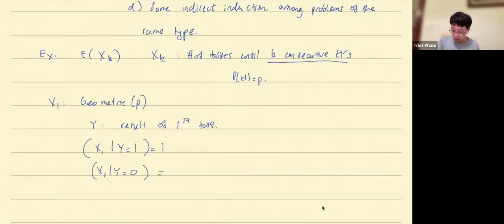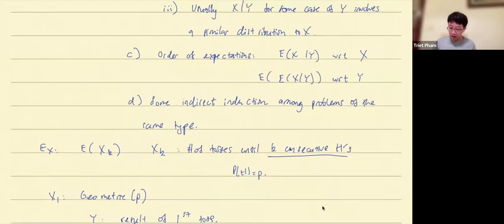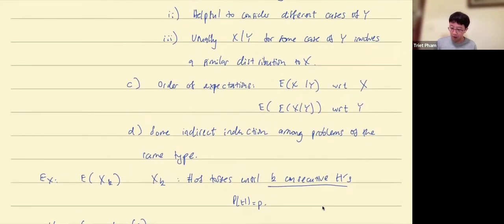then I know that I will waste one toss, and then I will repeat the experiment again, independently of the first trial. Okay, so that exactly is what I mean by involves a similar distribution to x.